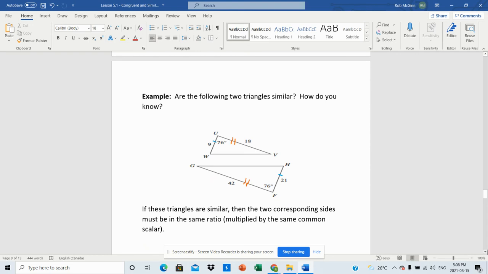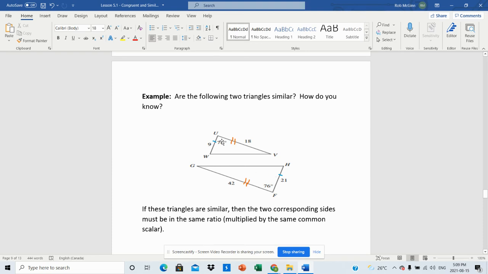All right. So here, if these 2 triangles are similar, then the 2 corresponding sides must be in the same ratio, multiplied by the same common scalar. And our contained angle between those two sides must be the same, 76, 76. Perfect.